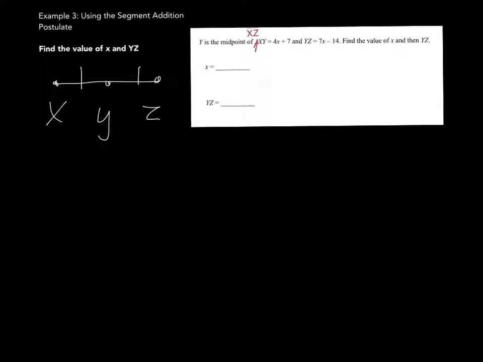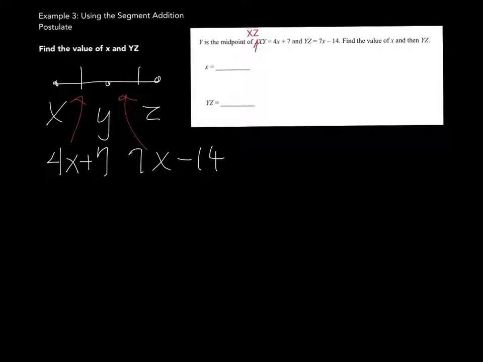Make sure you're drawing a diagram in your notes. XY, we said, is represented with the expression 4x plus 7. And YZ is represented with 7x minus 14. Now we're not told the length of XZ.